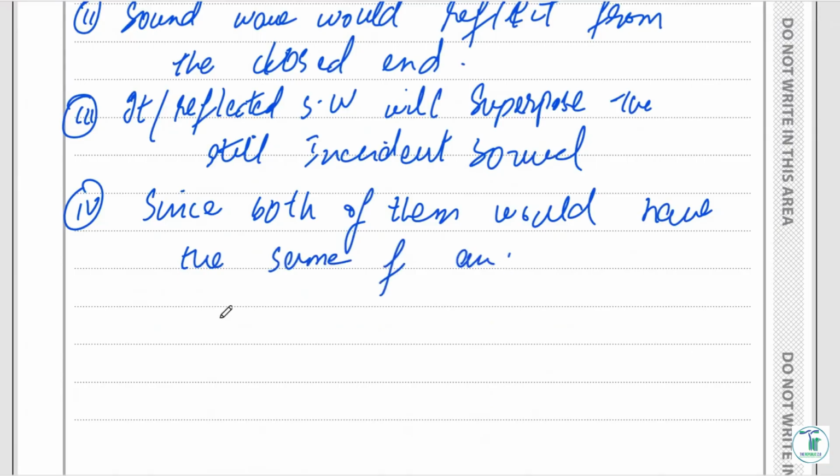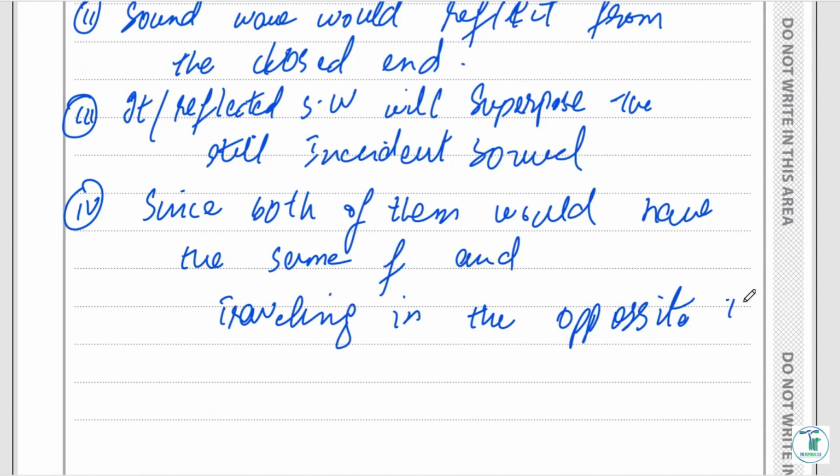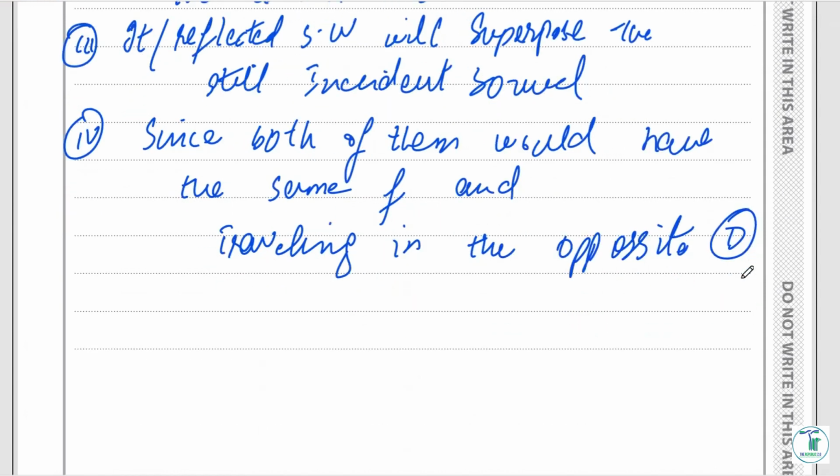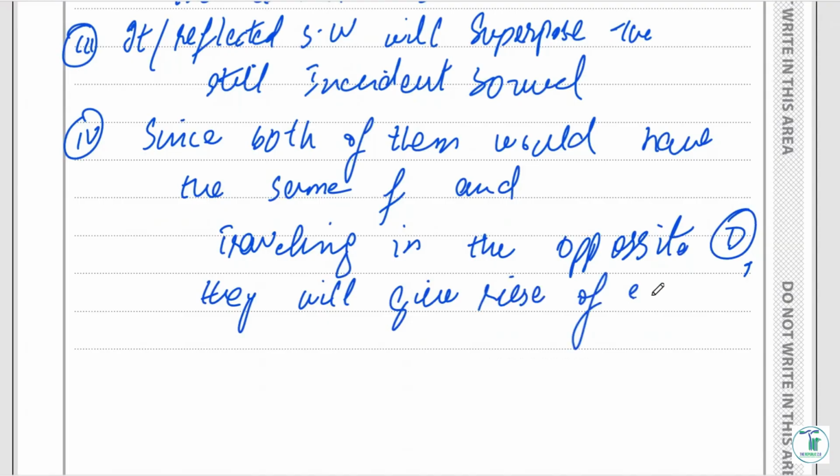And they are at the same time traveling in the opposite direction, right? They are traveling in the opposite direction. And if they are traveling in the opposite direction, what does that mean? They will give rise to standing or stationary waves, right? They will give rise to standing or stationary waves.